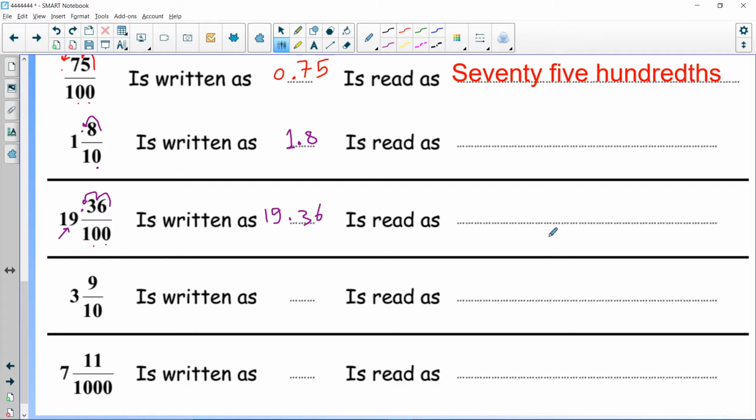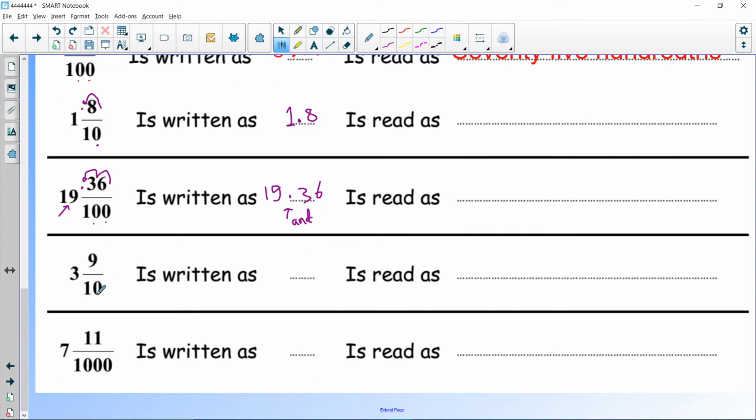Do you notice that we replace the decimal point by "and" according to the number of zeros? Just 1. Move from right to left. It is written as 0.9. The whole number is 3. It is read as 3 and 9 tenths. It is written according to the number of zeros.